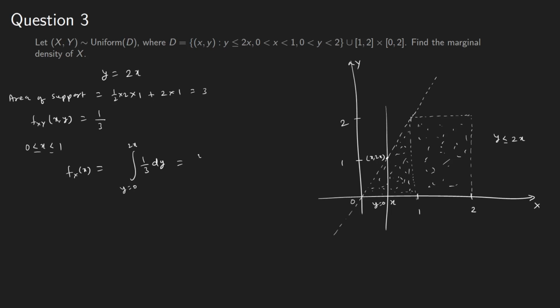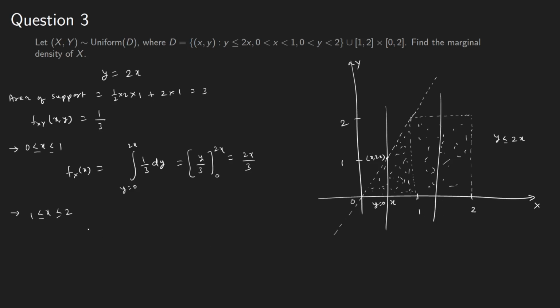If you integrate this, it will be y by 3 between 0 and 2x, so it will be 2x by 3. You can see that it depends on the value of x. This we have found when x is between 0 and 1. Now when x is between 1 and 2, we take a slice here and find that area.